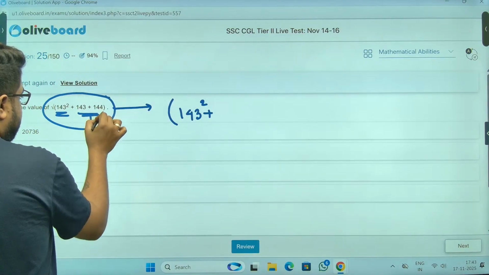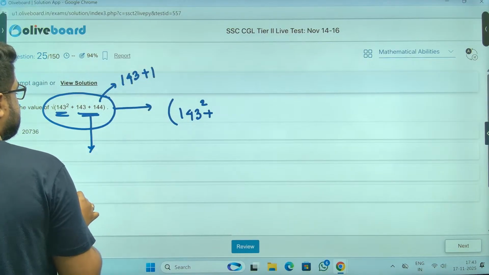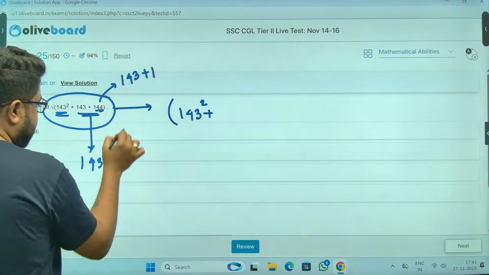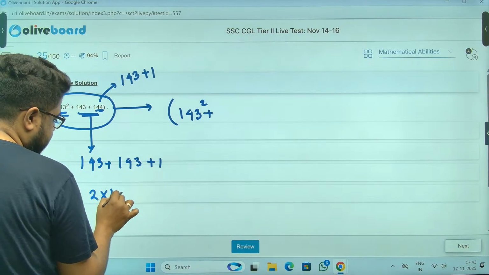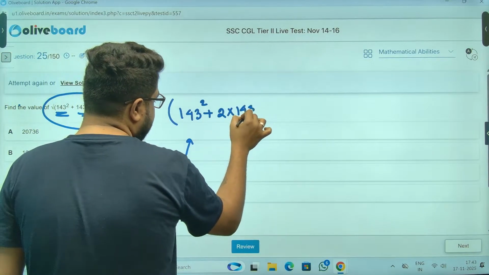Sir, 144 ko I'm writing 143 plus 1. So it is now 143 square plus 2 into 143 plus 1.